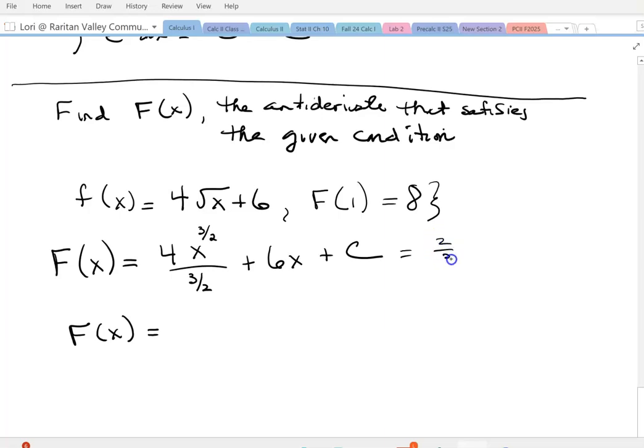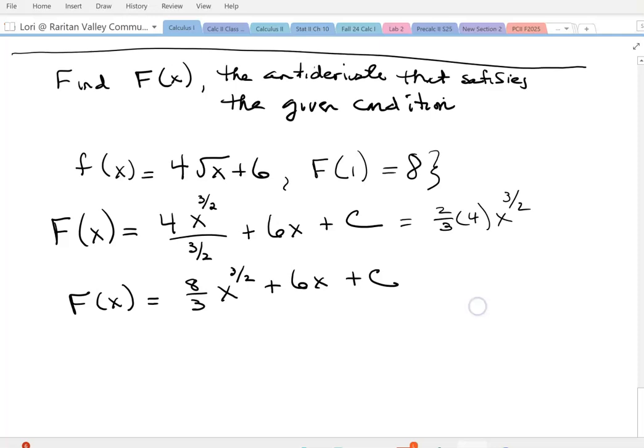So that would be 2/3 times 4x to the 3/2. So there's nothing else we can do there. So it would be 8/3 x to the 3/2 plus 6x plus c, but we know, because we are given, let's write given, that F of 1 equals 8.